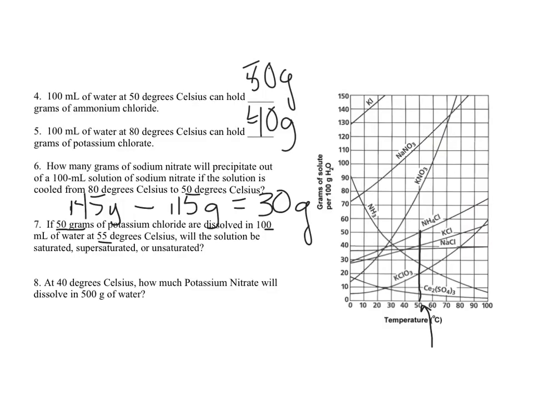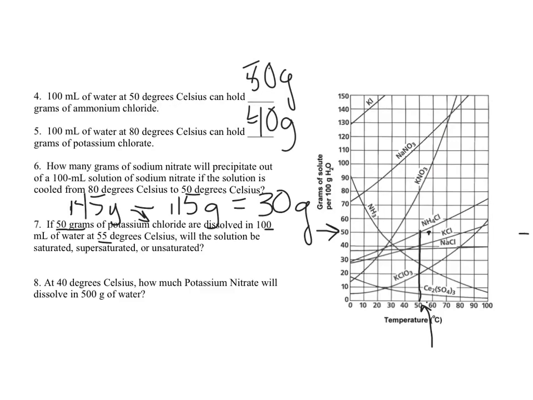And I know that I've dissolved 50 grams. Well, 50 grams would be there. So the intersection of 55 degrees and 50 grams is going to be right around in there. If I want to know what kind of solution this is, well, I'm looking at potassium chloride. I'm going to find the potassium chloride line, KCl.